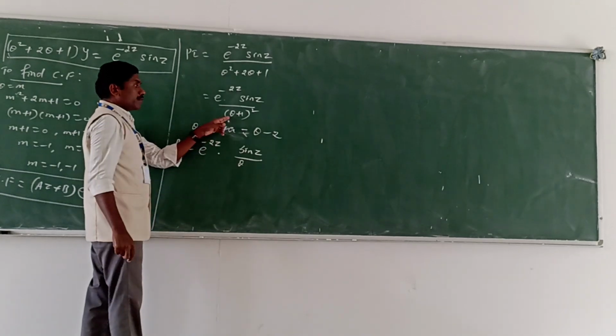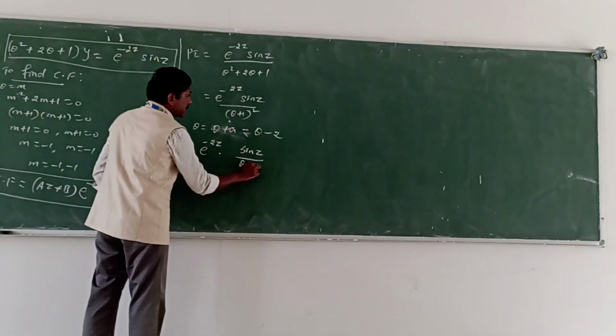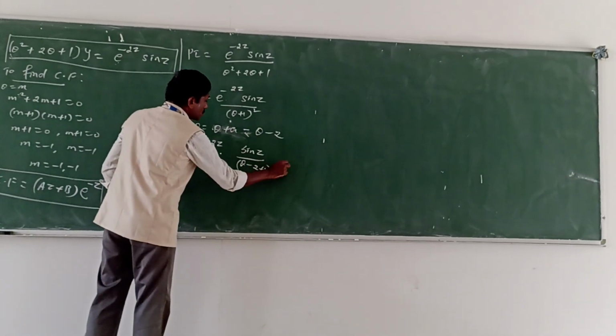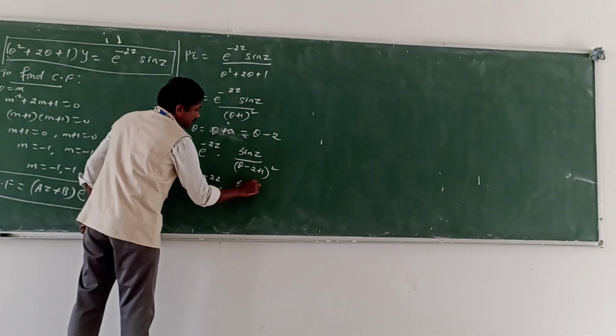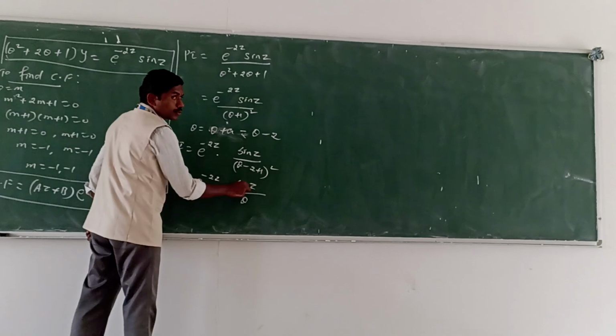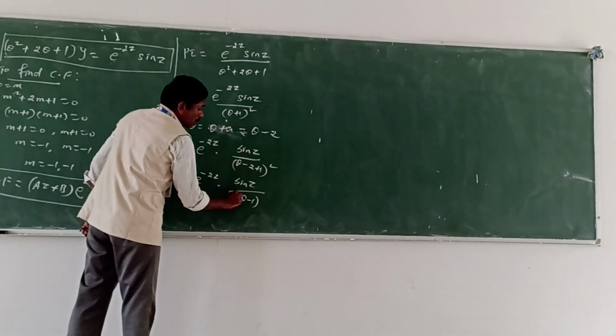Now substitute theta equal to theta minus 2: e power minus 2z into sin z by (theta minus 2 plus 1) whole square.